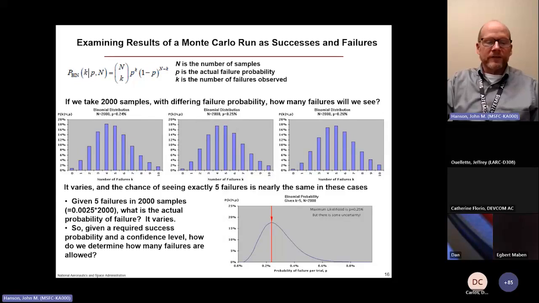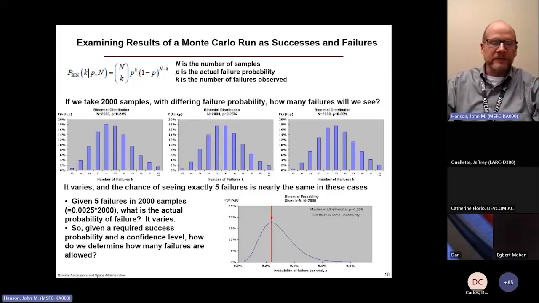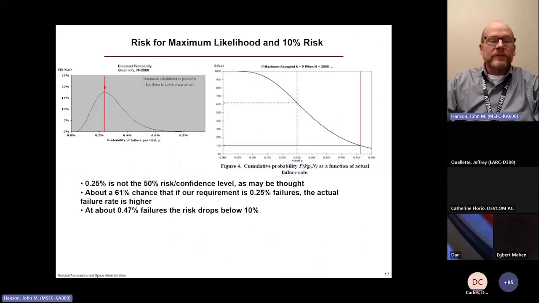So if I want a certain required success probability and a certain confidence level, how do I determine how many failures to allow? The left-hand graph here is the same one from the previous page. And on the right-hand graph, we've got the cumulative probability function as a function of the actual failure rate.